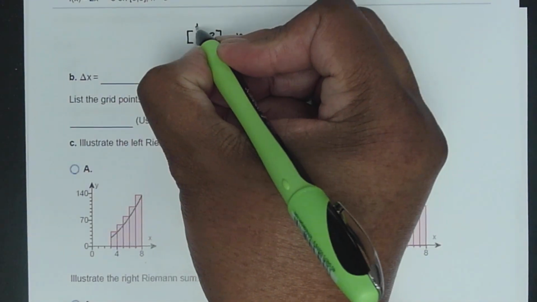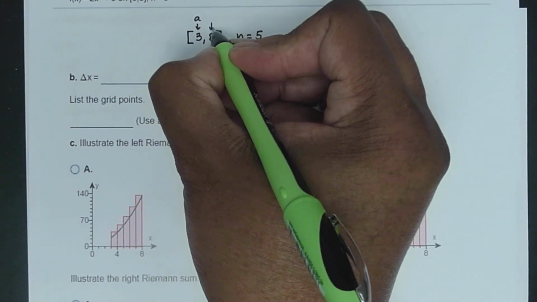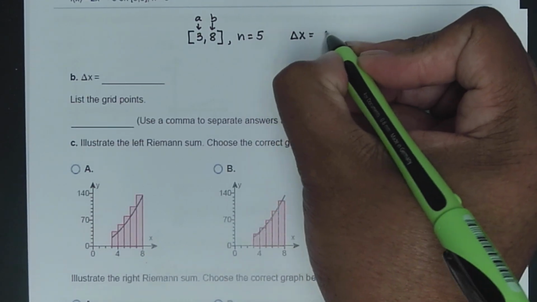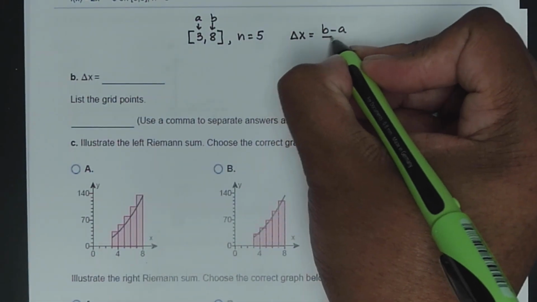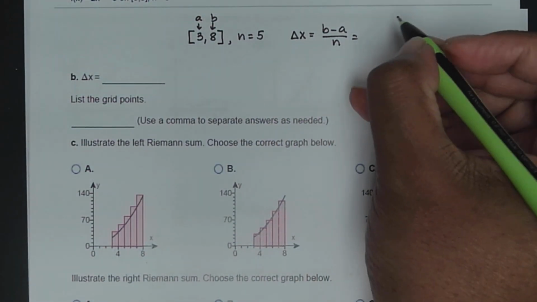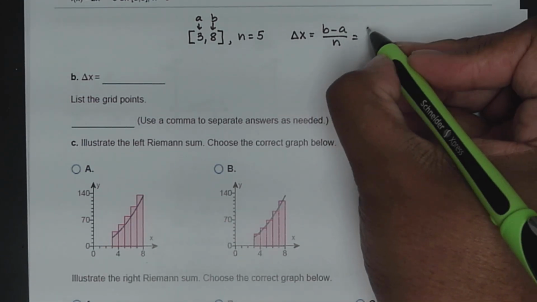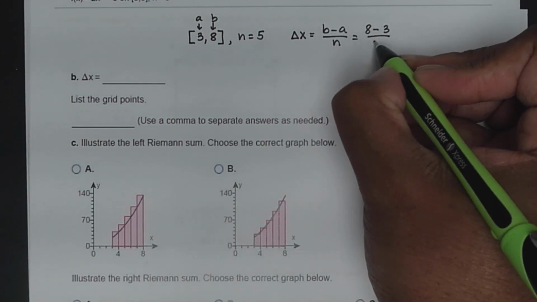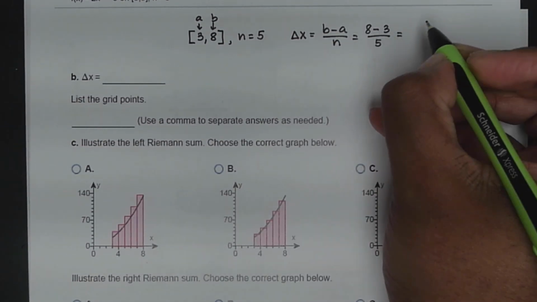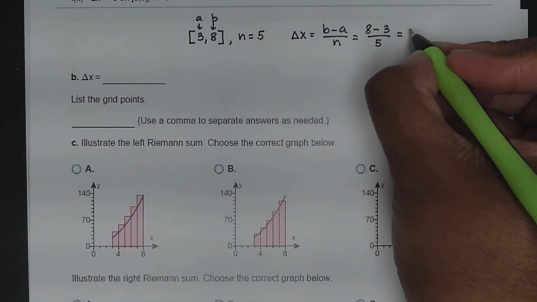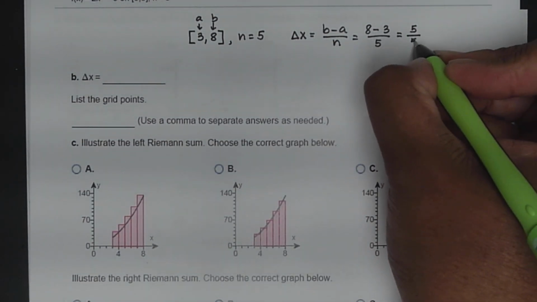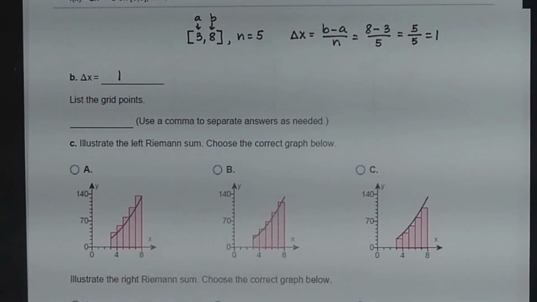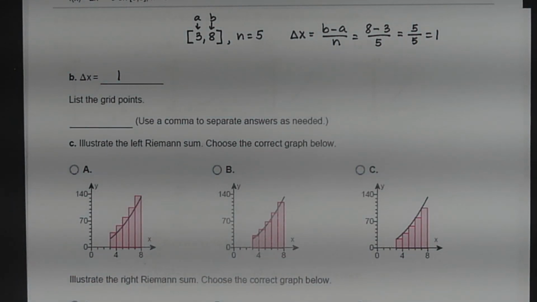So here's A, that's your 3, and B is 8. That means delta x is B minus A divided by n. That's how we calculate delta x. So your B is 8 minus A, which is 3, divided by n, which is 5. 8 minus 3 is 5, and 5 divided by 5 is 1. So delta x will have to be 1.